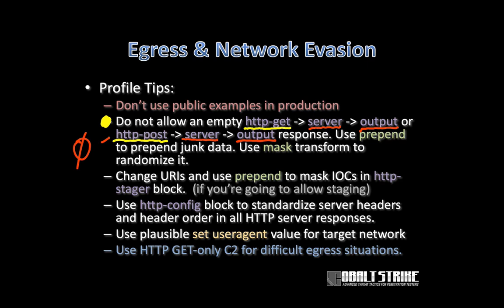Similarly, with the block to check in and download tasks, if there are no taskings, there's no output. And if that block is not doing anything to transform the content, you're going to get back a server response with no content as well. And that can be a problem. So here's our GET on some URI.